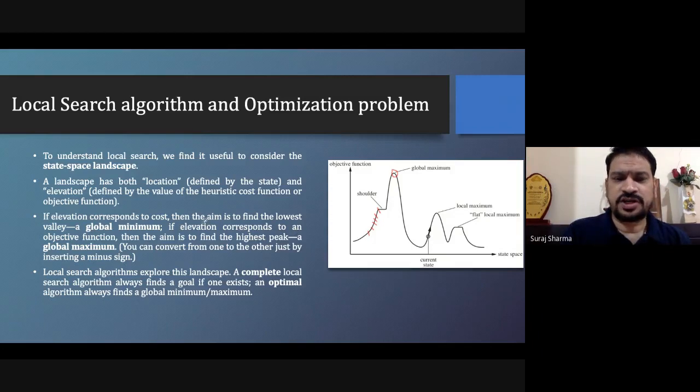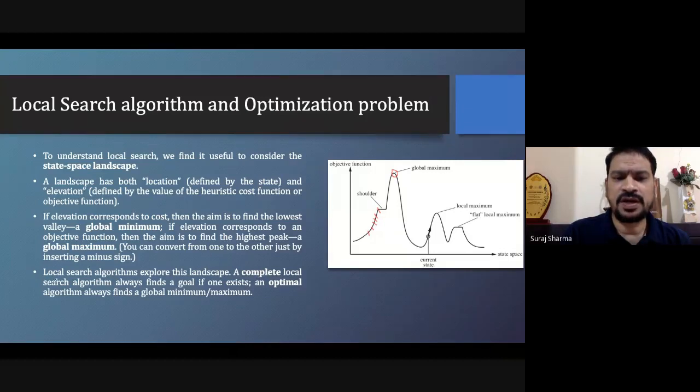If elevation corresponds to an objective function, then the aim is to find the highest peak, a global maxima. You can convert from one to the other just by inserting a minus sign, so you don't have to worry about it. Local search algorithms explore this landscape.